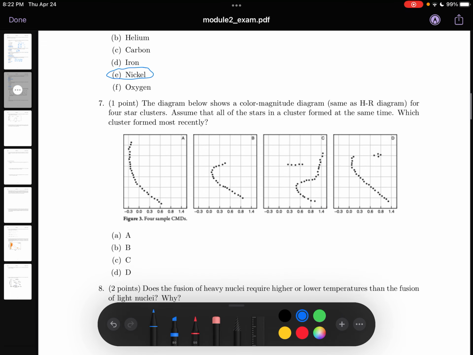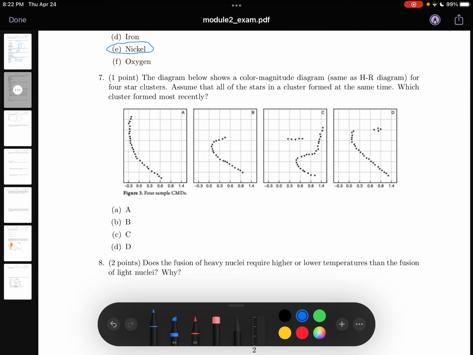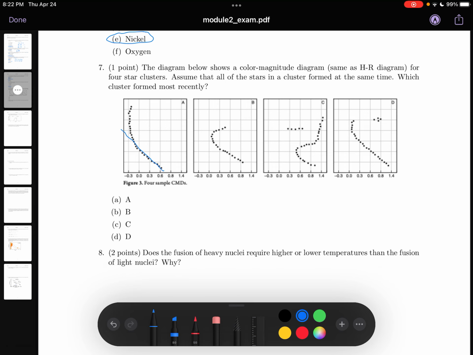And then question 7, the diagram shows a color magnitude diagram, which is the same as an HR diagram, for 4 star clusters. Assume that all the stars in a cluster formed at the same time. Which cluster formed most recently? So along the main sequence, these are our high mass stars here, and low mass down on this side. And these high mass stars are evolving quickly, and they are going to die first, right? So this cluster has a lot more high mass stars.